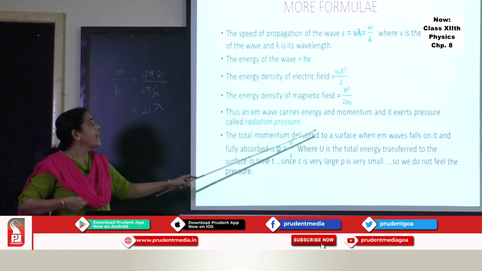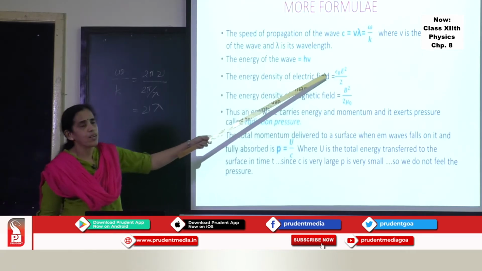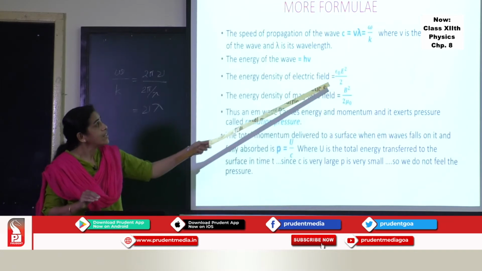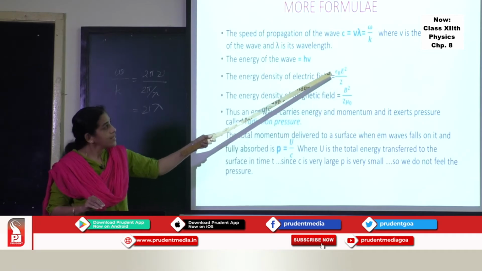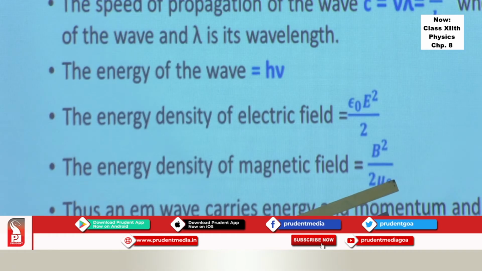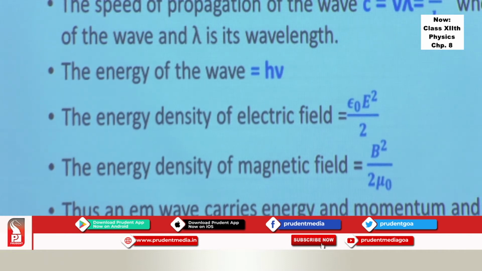Then the energy density of magnetic field, see wherever epsilon 0 is there, you will have mu 0. Because usually in our formulas, epsilon 0 is in the denominator. Here it is in the numerator, therefore mu 0 will be in the denominator. That is all. Formula is half B square upon mu 0. You will study this. Okay? Therefore, now you do not have to worry about these two equations of energy.